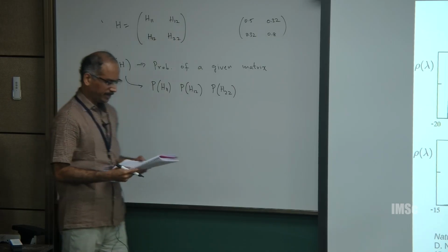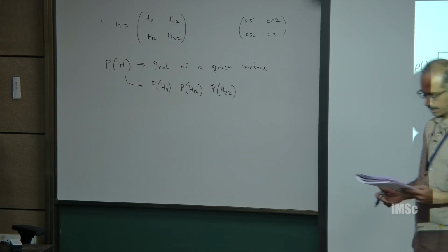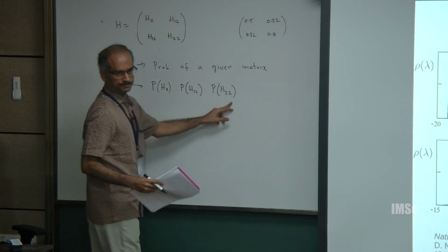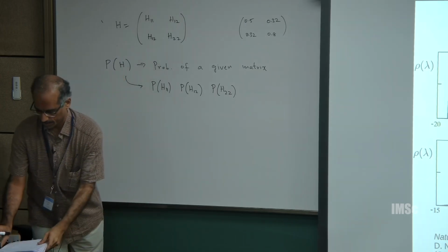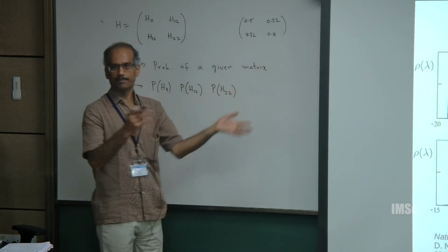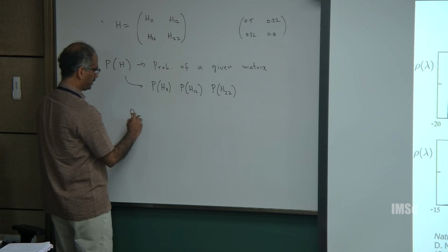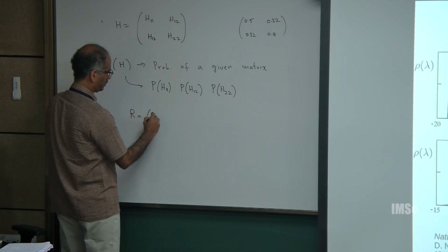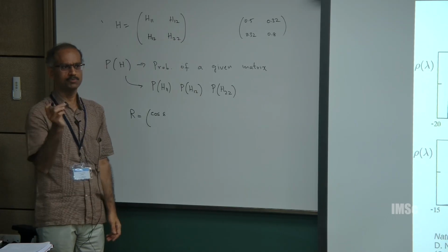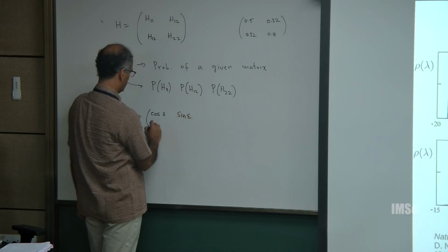Now what we demand is that this probability should remain invariant in the following sense. You can rotate these matrices by applying a rotation operation. For example, the usual rotation operation would be something like, if I do an infinitesimal rotation, a very small rotation, cos epsilon, sin epsilon.